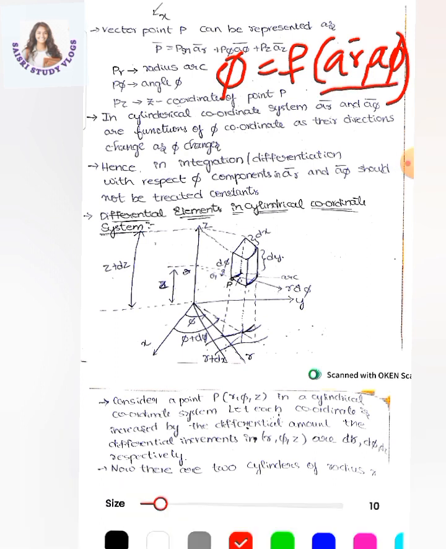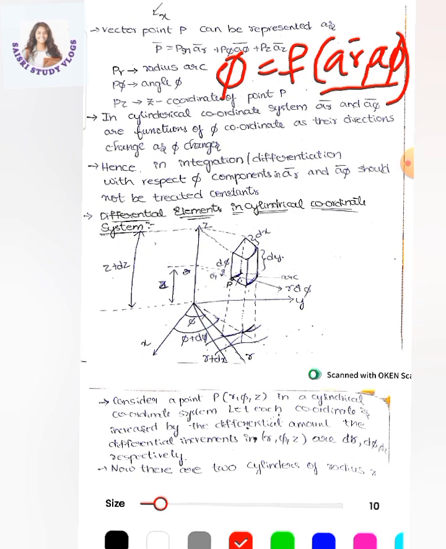So whenever we do any integration or differentiation with respect to phi, such as d phi by dx or dx by d phi, we should not treat these unit vectors as constants, because they are already functions of phi.